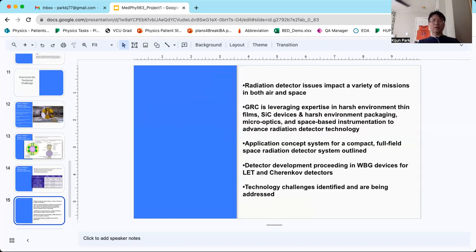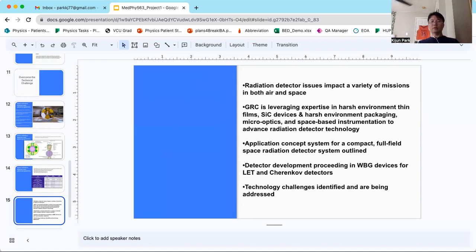Here is a lesson learned. Radiation detector issues impact a variety of missions in both air and space. Understanding space gives us a better understanding of our measurements on Earth, as well as in deep space, leveraging expertise from such a harsh environment.